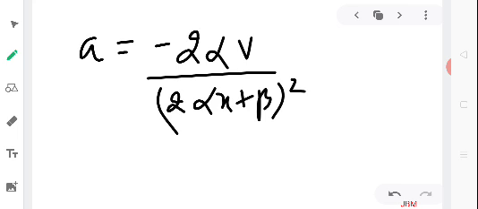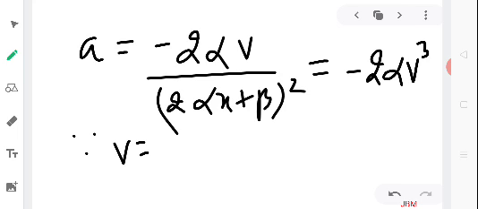Isn't it? So now this will become equal to minus 2 alpha v cube. Why? Since v is equal to 1 by 2 alpha x plus beta, isn't it?